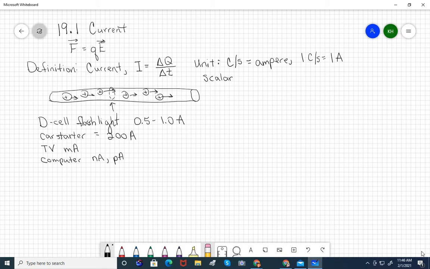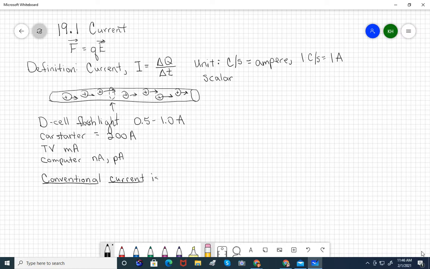Now, you'll notice in this picture, I drew positive charges flowing for current. That is conventional current. And I use the word conventional as in a convention. This is what all the physicists have decided to use. And they decided it a long time ago, before we even fully understood the structure of atoms.